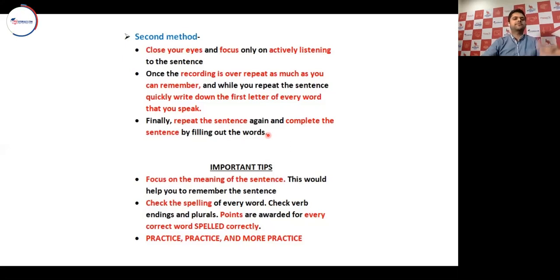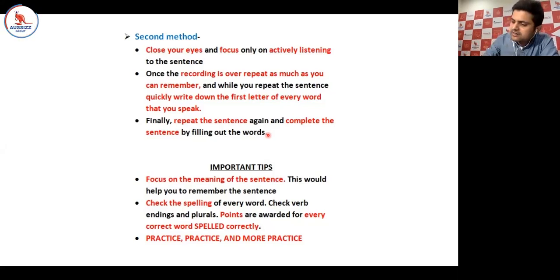So I'll just repeat what the method is. You close your eyes and focus on actively listening to the sentence, listening as if this sentence is the key to getting your desired score. Once you listen, try to repeat that sentence. And when you're repeating, you write down the first letter of each word that you're speaking.